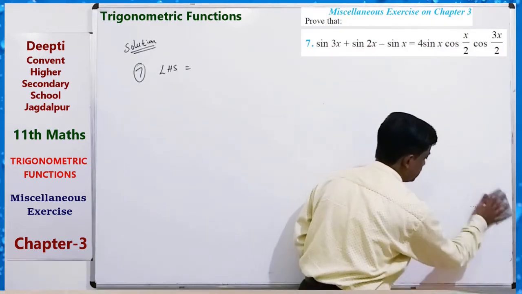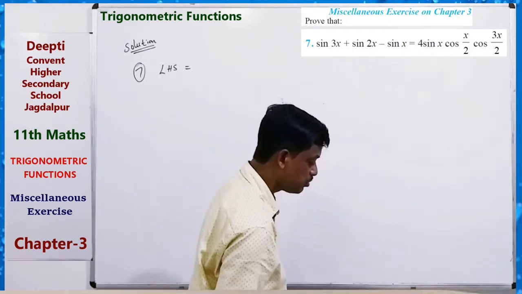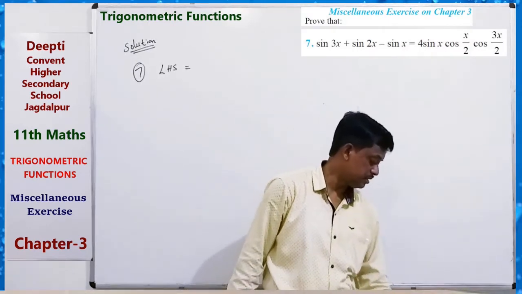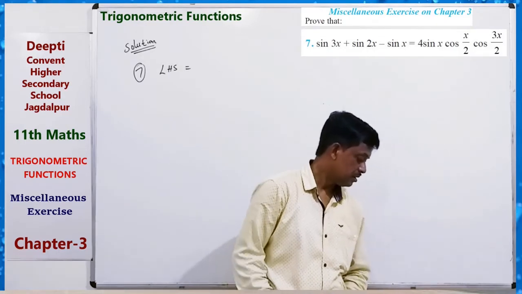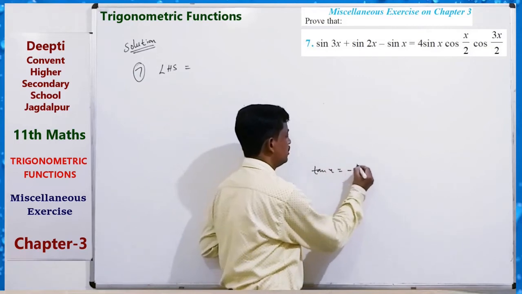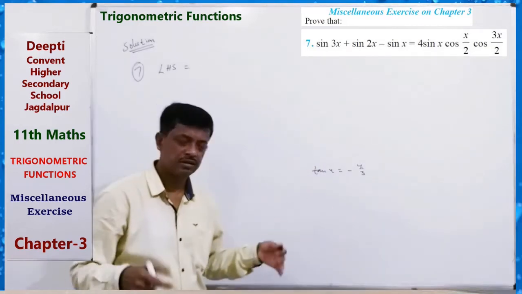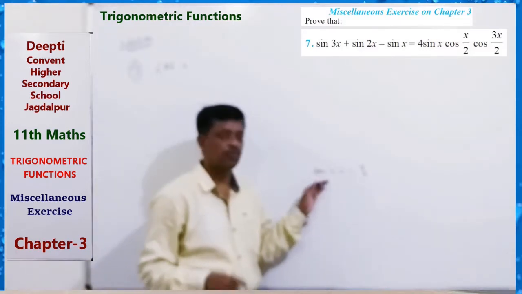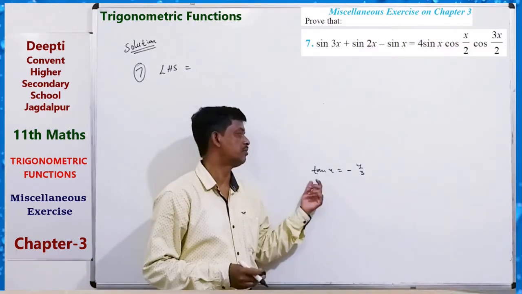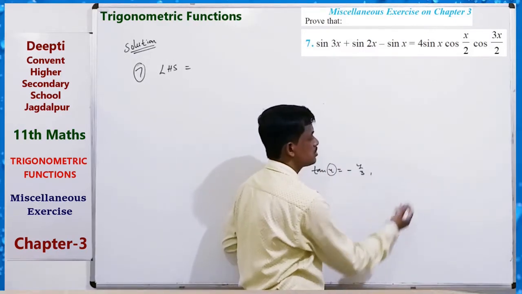So here the technique is what? Suppose the first question is given like this: tan x equals minus 4 by 3. This is given. Okay, we have already done this type of question, when the value of one trigonometric function is given, and the angle is in which quadrant?